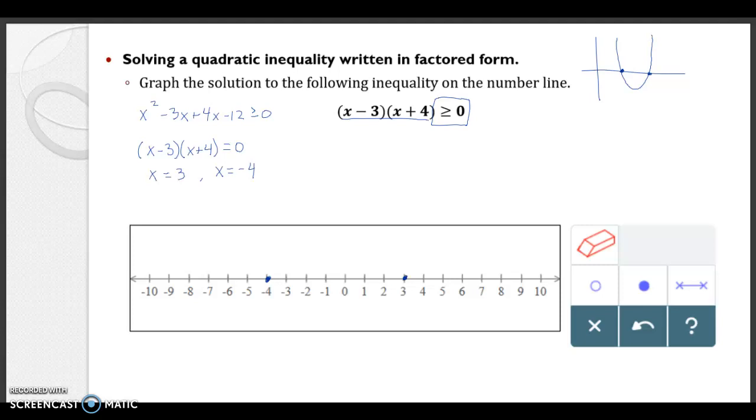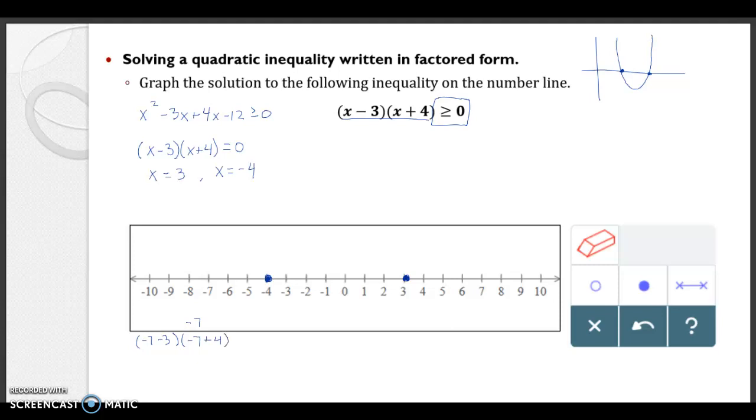And we are, in this case, going to fill in the circle because we do want to know where the function equals 0 as well. Okay, but what about where it's greater than 0? So this is where we check points. So if I were to check negative 7, I could plug that into my function: negative 7 minus 3 times negative 7 plus 4.